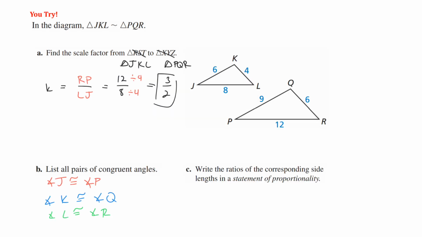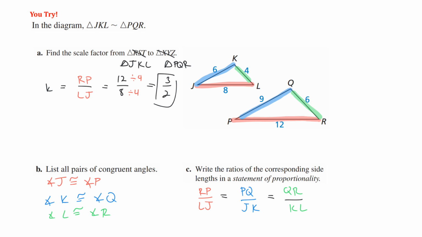All right, go ahead and pause the video here and see if you can give this one a try on your own. Alrighty, go ahead and double check over your answers. Keep in mind that the image is going to be triangle PQR, which means that the side length that you pick needs to come from triangle PQR.